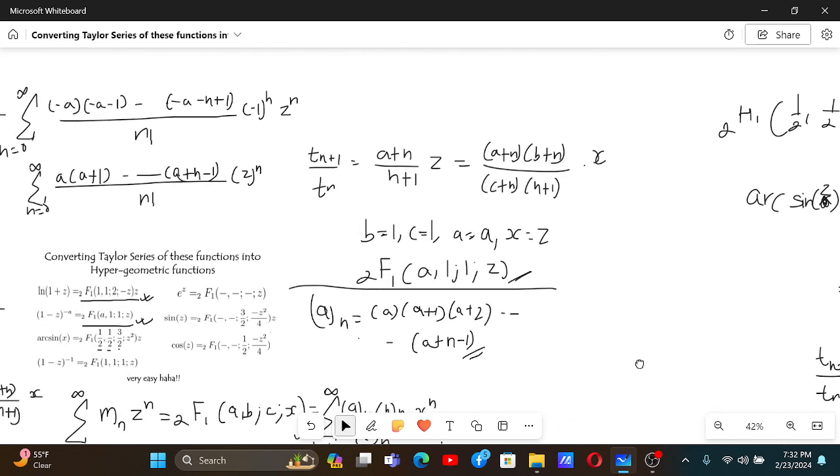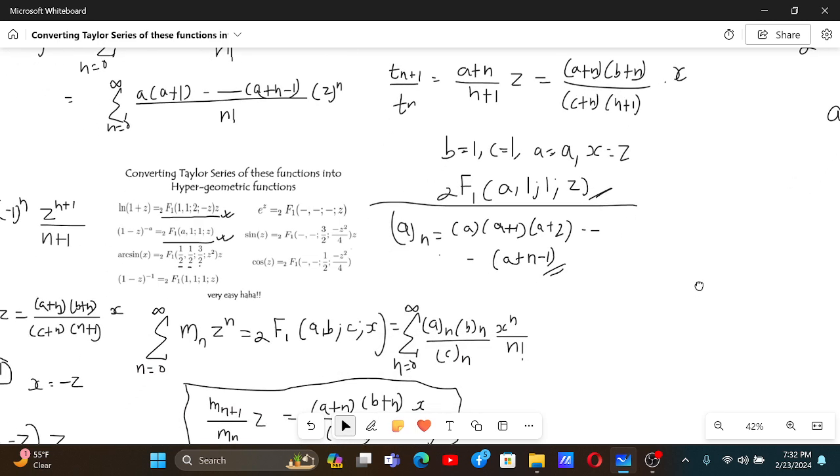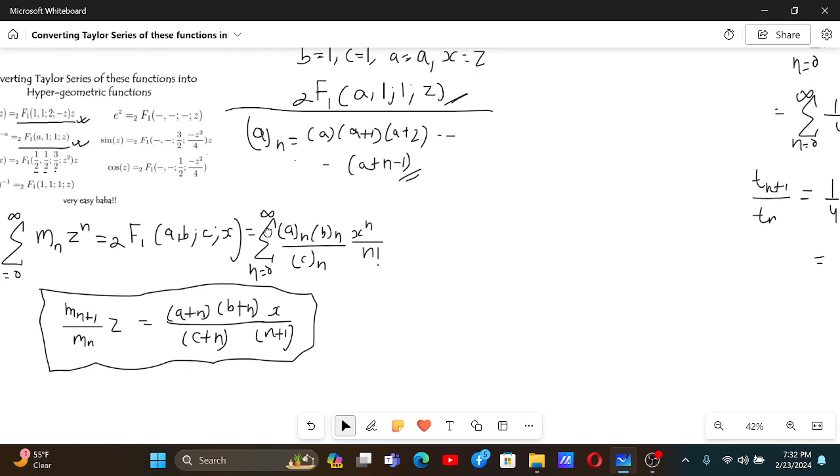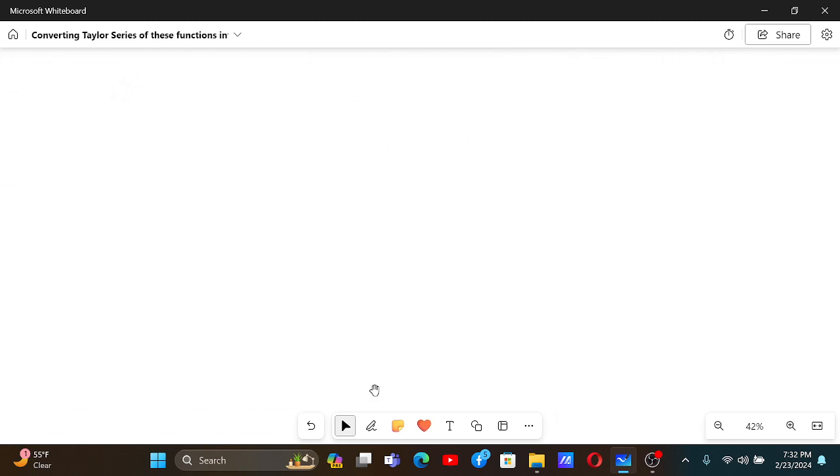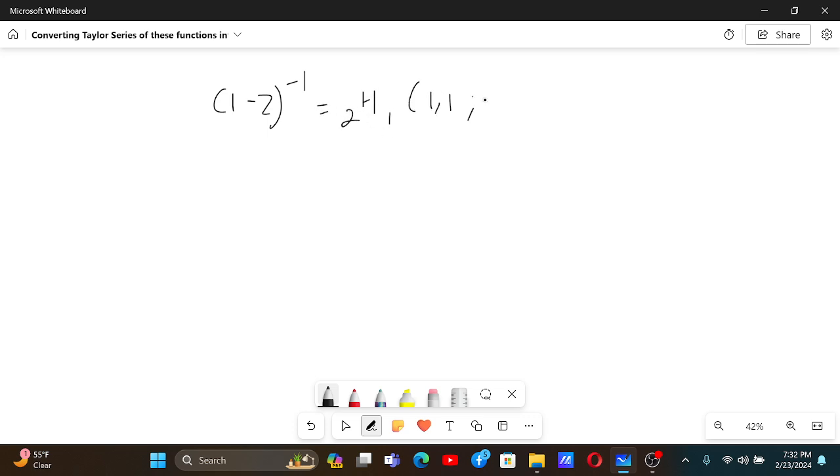Now let's go to the next problem, the geometric series. Yeah, 1 1 1 and z. Okay, well, let's do it. For a geometric series, 1 minus z to the power minus 1, it's actually the ordinary hypergeometric series 1 1 1 z. Basically its series, we all know that it's the sum from n equals 0 to infinity z to the power n.